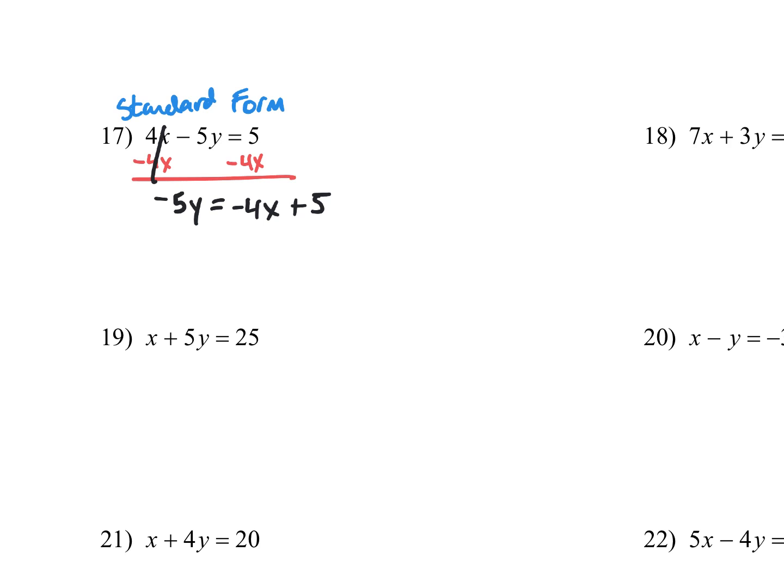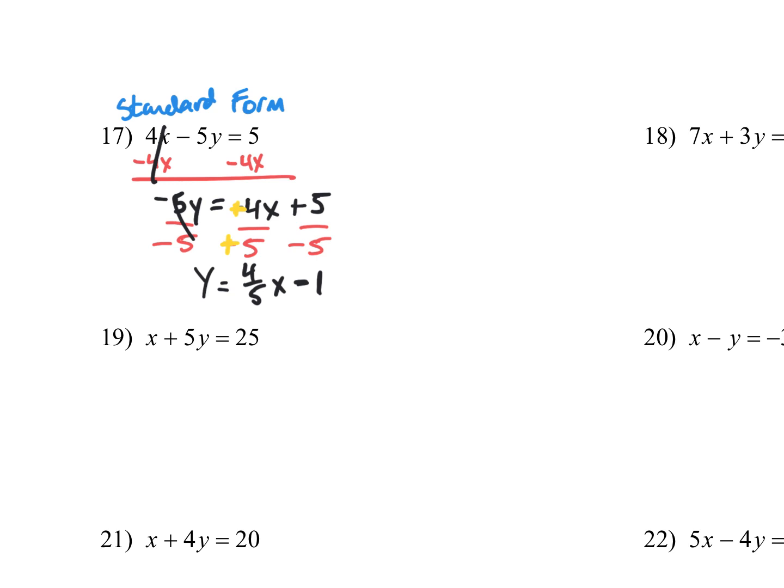Well, now we got to get y by itself. So what do we have to divide by? Negative 5. Because it's got to be whatever is over there. So once that happens, you get y is equal to, 2 negatives will make a positive, so it's positive 4/5 x. 5 divided by negative 5 becomes negative 1.